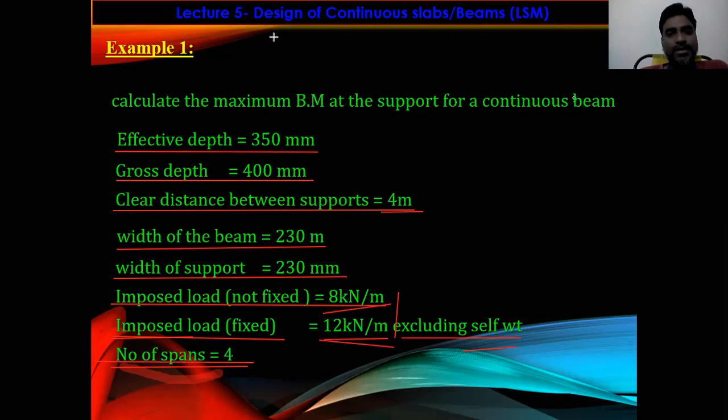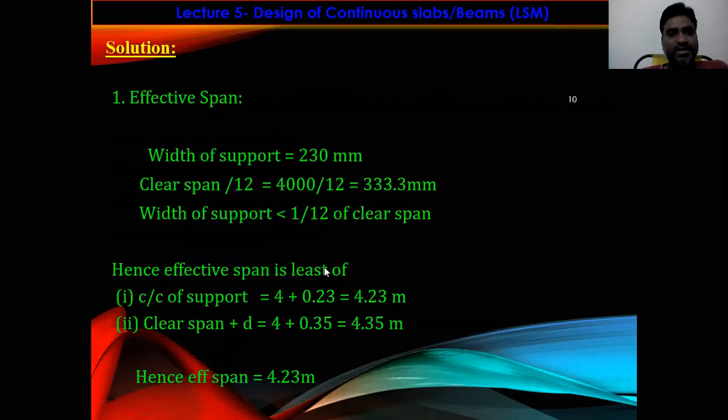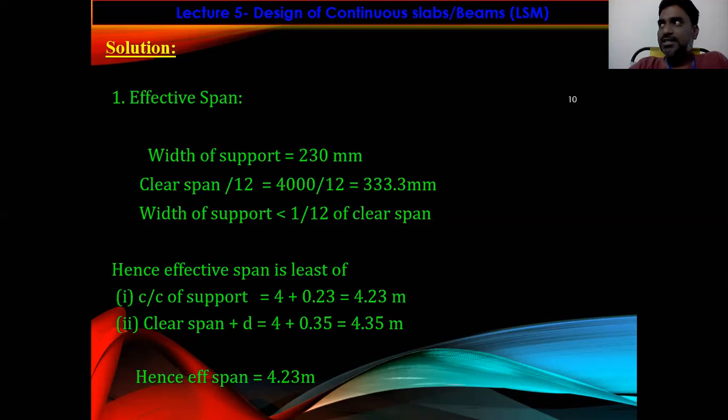Now coming to the solution. The first step is you need to determine the effective length of the span. The effective length of the span depends upon the width of the supports of a continuous beam. As I just showed, if the width of the support is less than 1/12 of the clear span, there is a separate method to determine it.